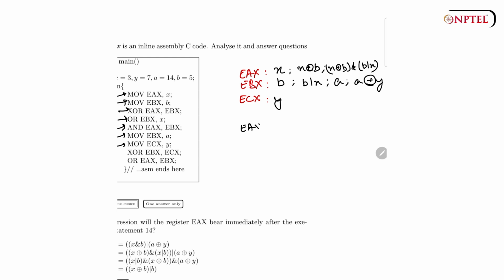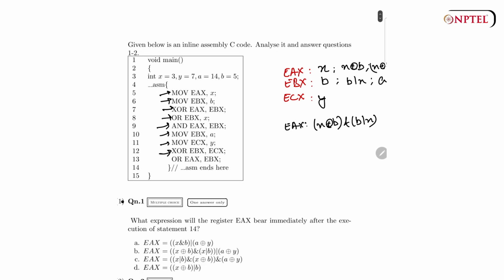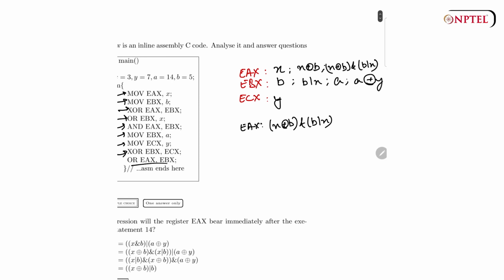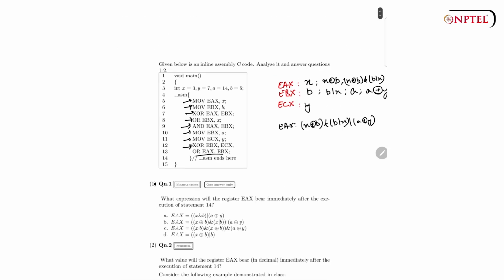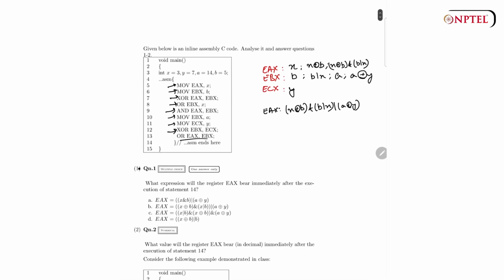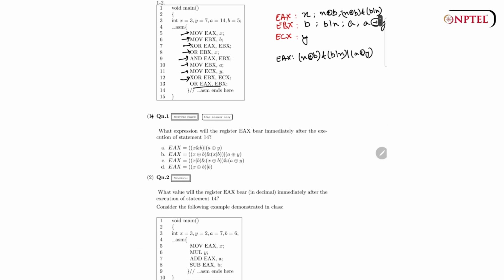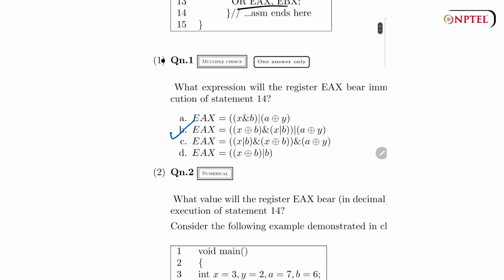EAX continued: at the end, I have X XOR B and B or X. And finally, I have the OR of EAX comma EBX, which is A XOR Y. Alright, so I have X XOR B ANDed with X or B, ORed with A XOR Y, which basically means my option is option B.